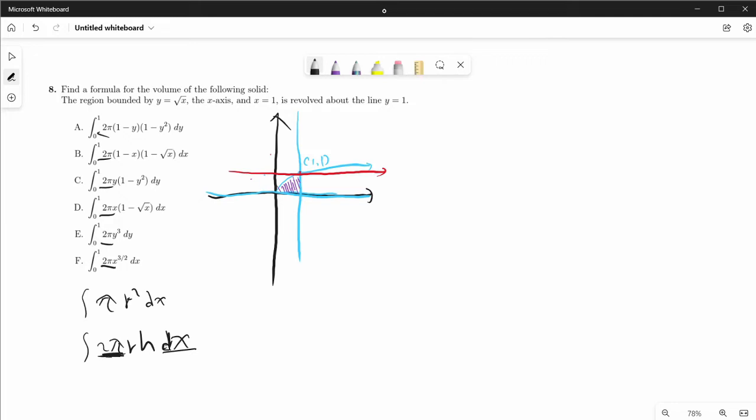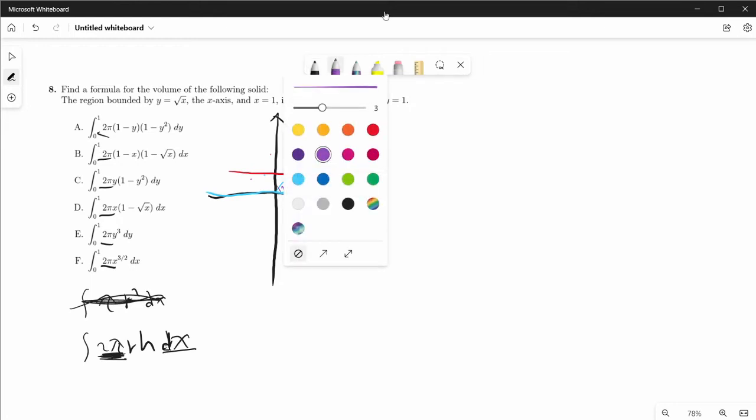Notice how cylindrical shells has a 2 pi in front, so that's probably the preferred method, although it's not specifically stated in the question. I would not use the disk washer method, but rather cylindrical shells on this question, since that's what the answer choices give us. With that being said, let's think about the cylindrical shells.